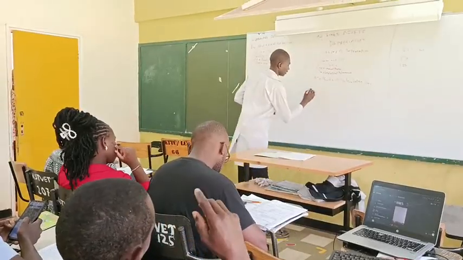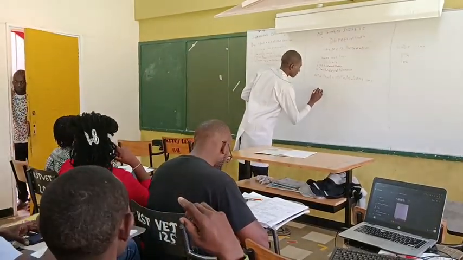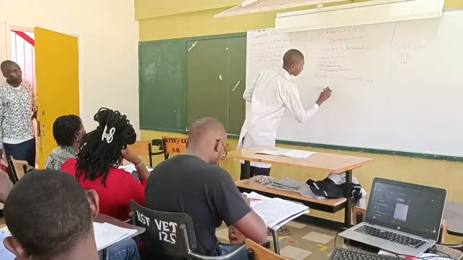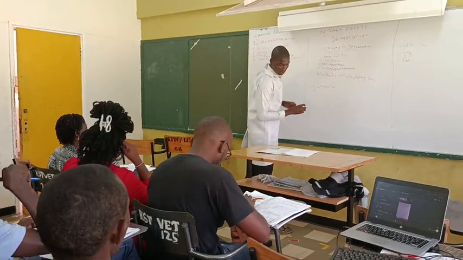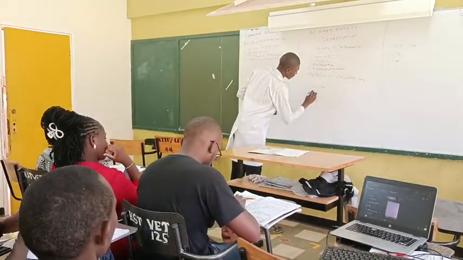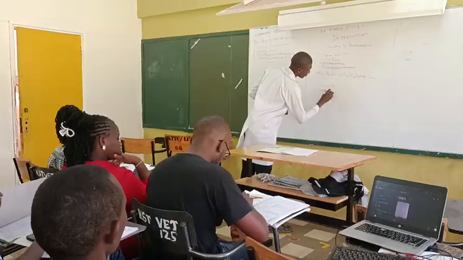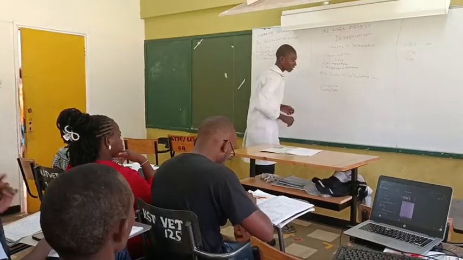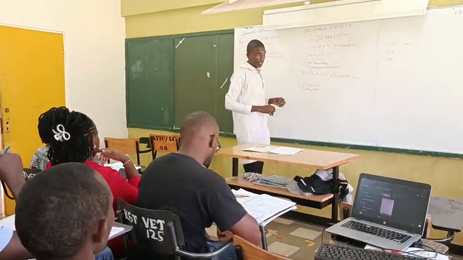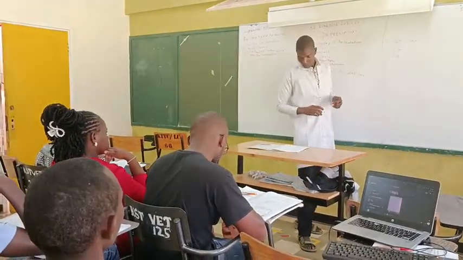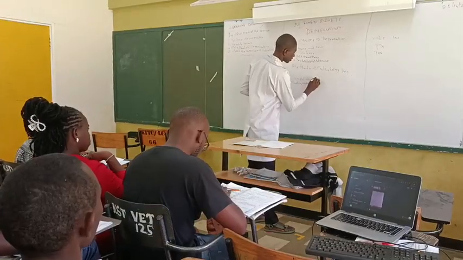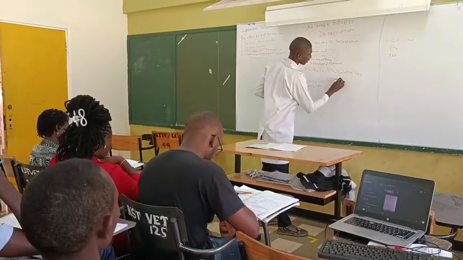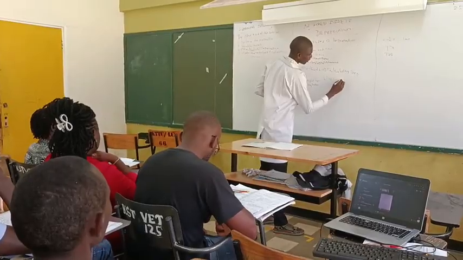Okay, let's move to methods used in calculating depreciation, and we have two methods. One, we have a method called straight line, and two, we have a method called reducing balance. Under straight line, we estimate depreciation using the initial cost of the fixed asset.